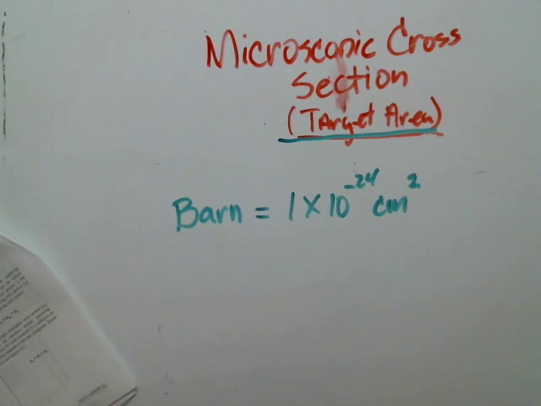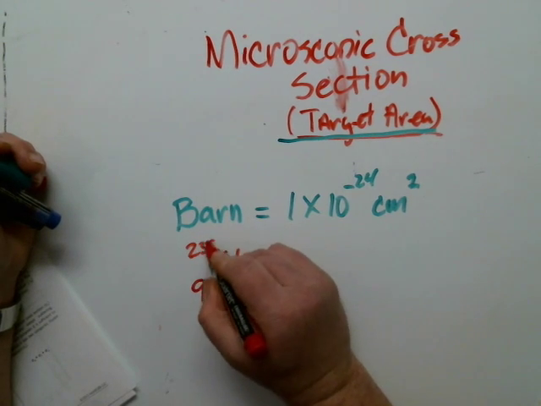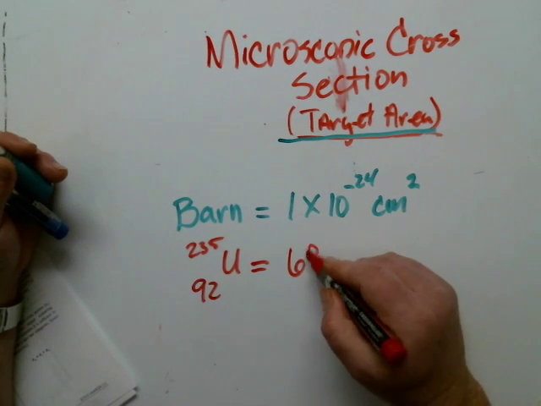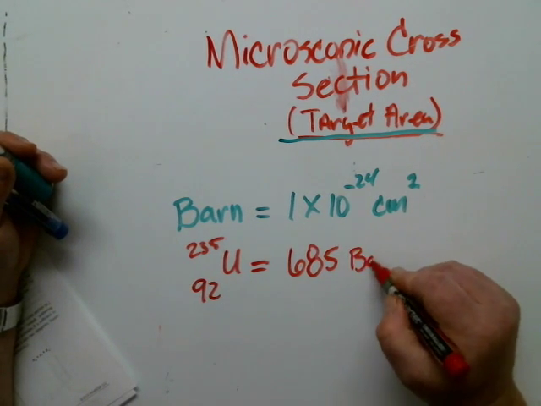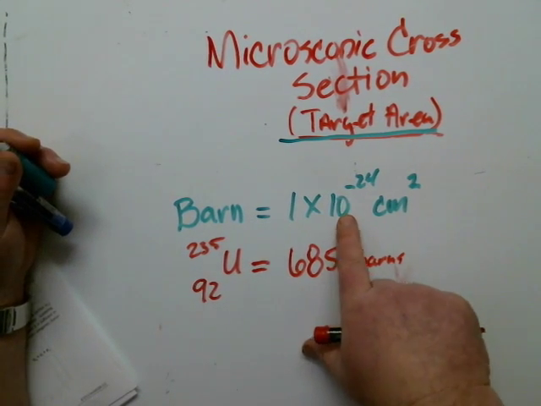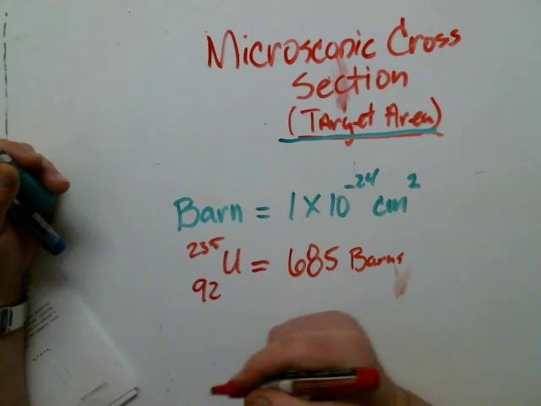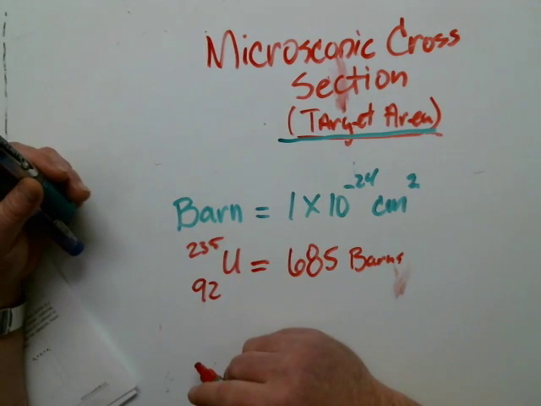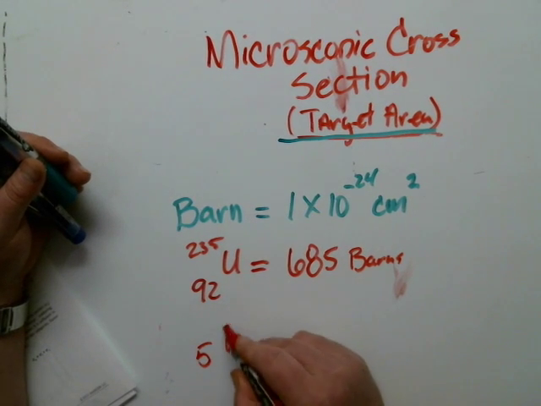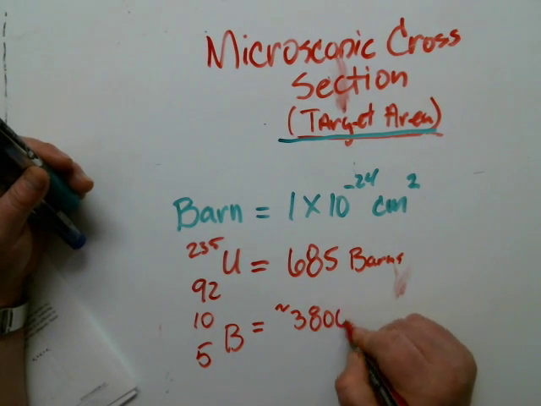So if I told you 92 uranium-235 has a microscopic cross-section of 685 barns, you would be like, great, I don't know what that means but I can multiply it times that, and it would be 685 times 10 to the minus 24th square centimeters. Knowing that means nothing until you compare it to another isotope. What if I told you that 5 boron 10 has approximately 3,800 barns.